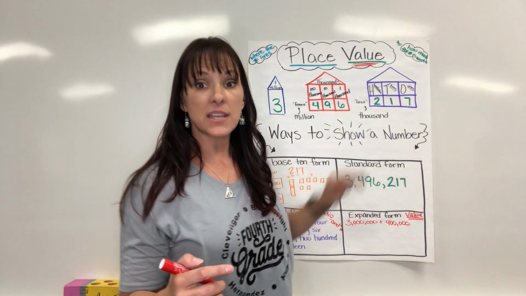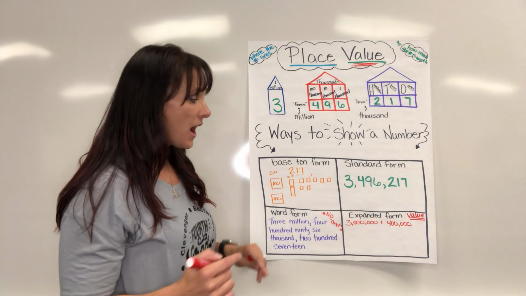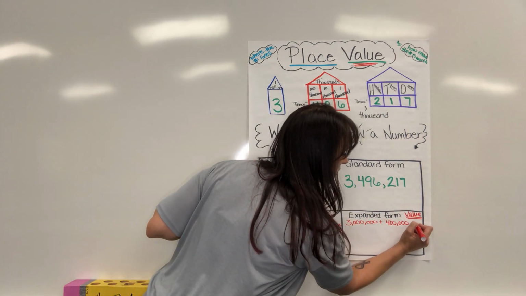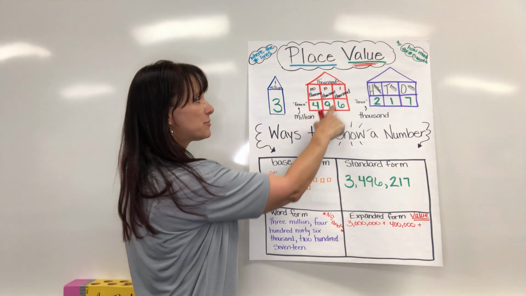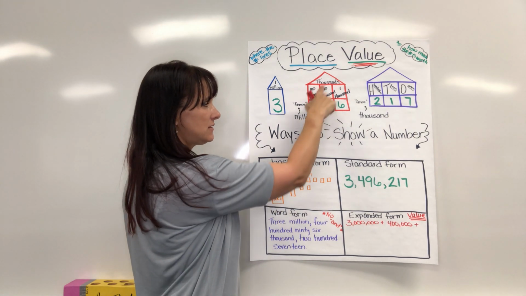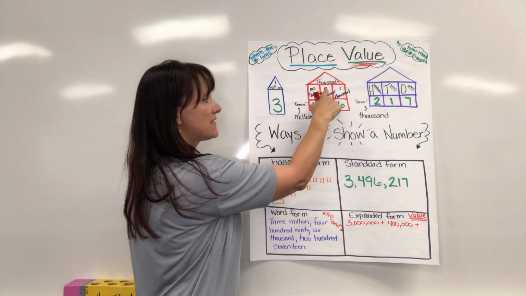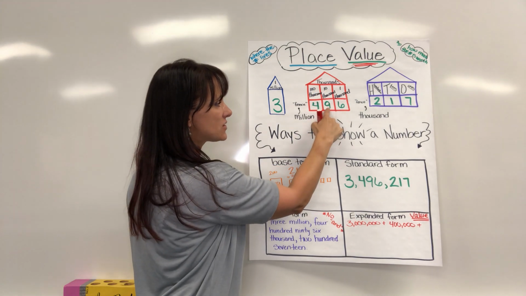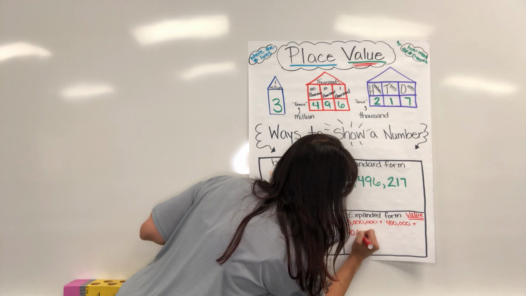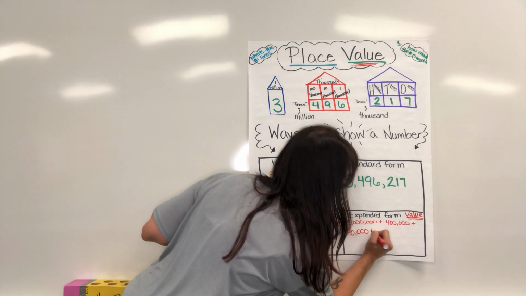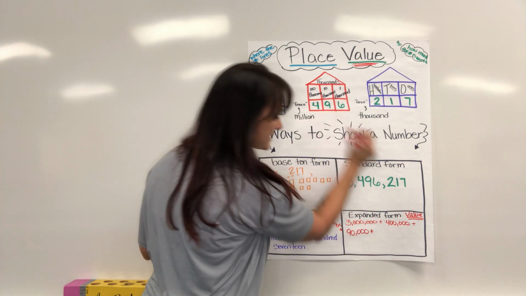of these numbers here. So now I have 400,000 plus, this is going to be 90,000. It's in that tens place, within the 10,000, or within the thousands house, it's in that 10. So 10,000, so that becomes 90,000. Plus 6,000.